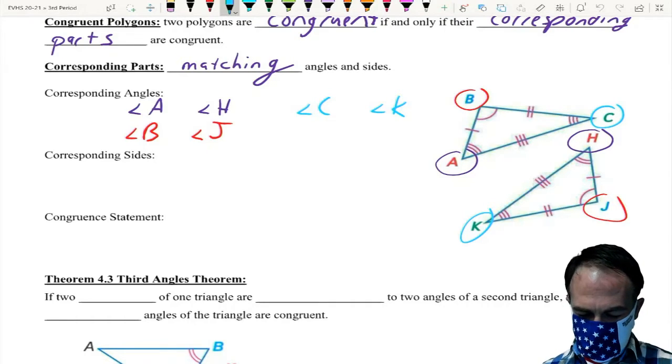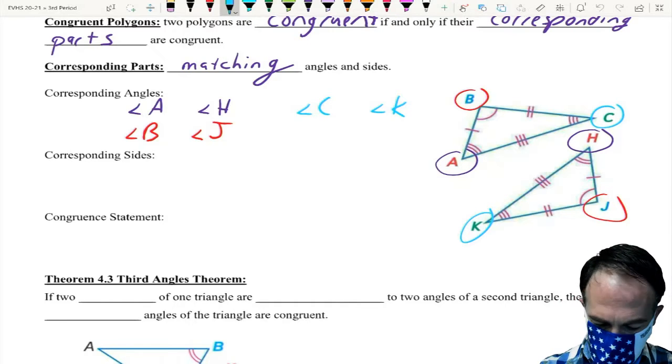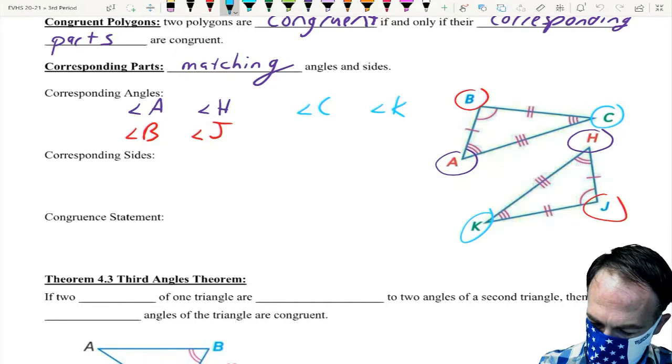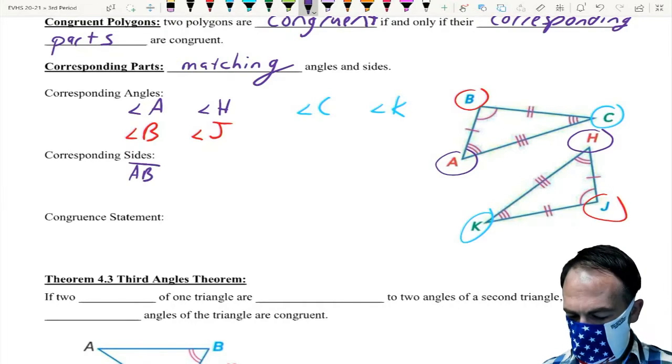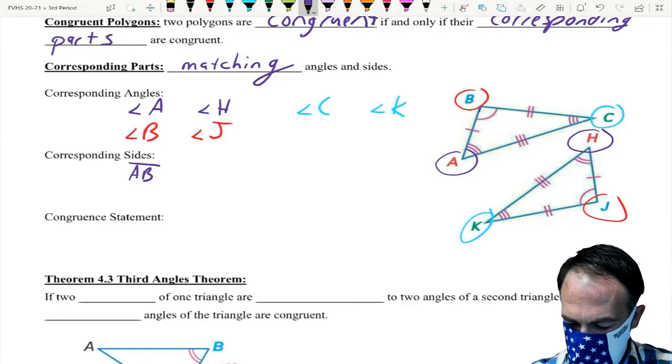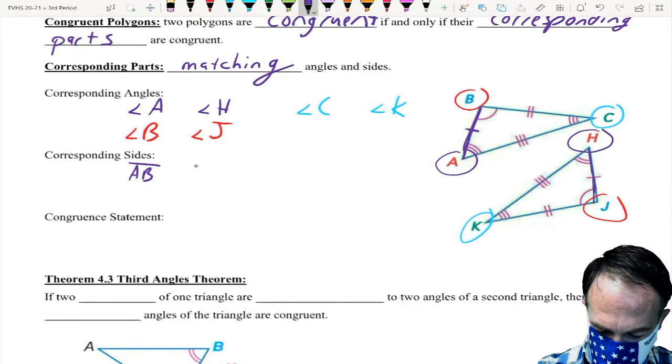Now, corresponding sides. Let's go with side AB. Now notice that side AB has 1 mark on it. That's my 1 mark side, which is going to correspond here with HJ.